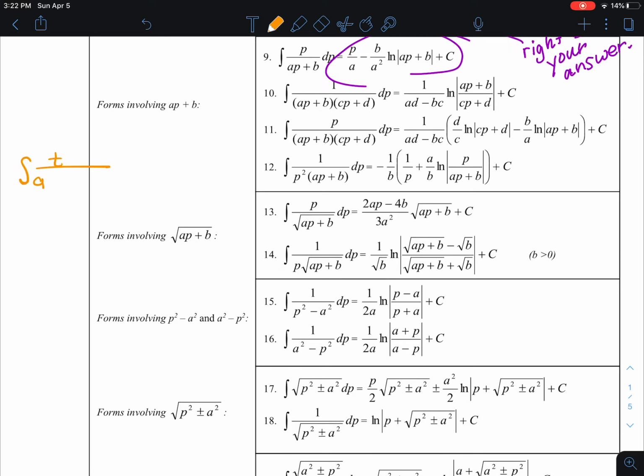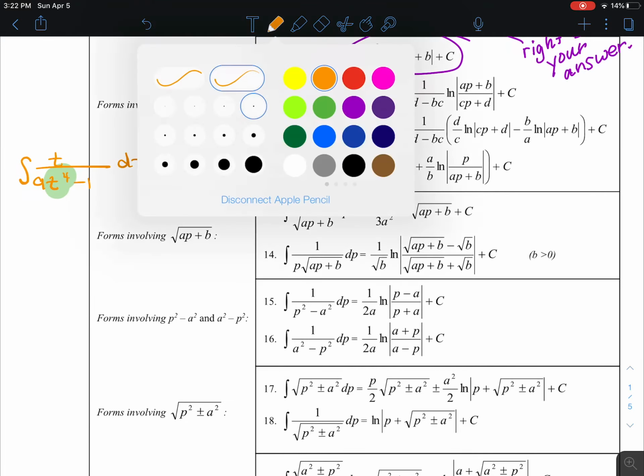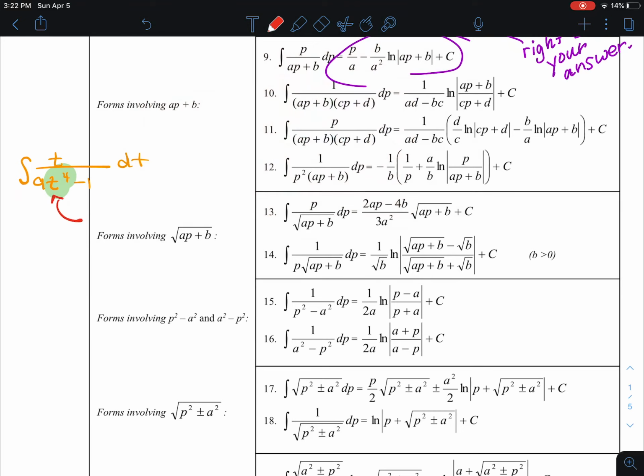This was the integral of t over 9t to the fourth minus 1 dt, and we agreed that the more complicated aspect is definitely the denominator. I want to find a denominator that's going to match this denominator, and I would want a p squared to be in place for this 9t to the fourth possibly.